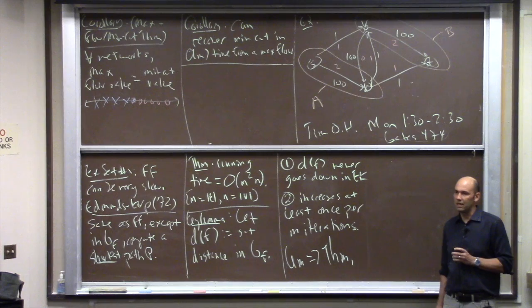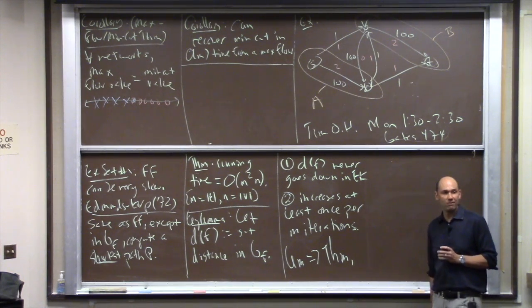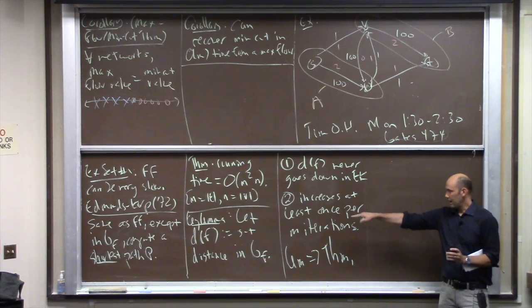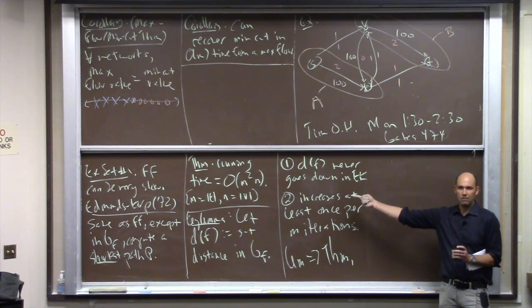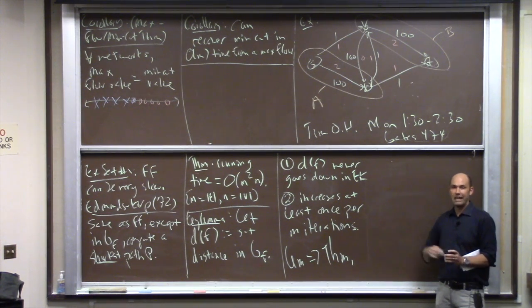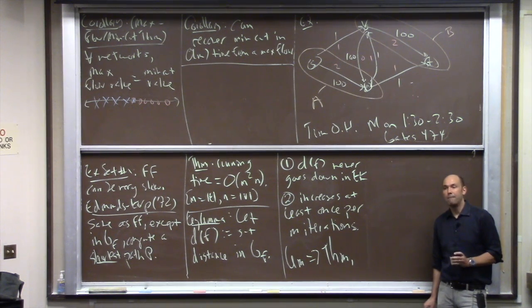Right. So as soon as their distance is at least n hops, you know they're actually disconnected. Okay? And maybe I should say that this value d of F is an integer, obviously. It's a number of hops. So this can only get triggered n times. Because after that, you're disconnected, and we know we stop. And this says that it goes up at least every m iterations. So Edmonds-Karp will only ever run n times m iterations in total before finishing. Okay? So that's the iteration bound.